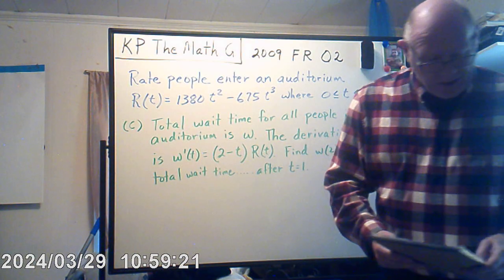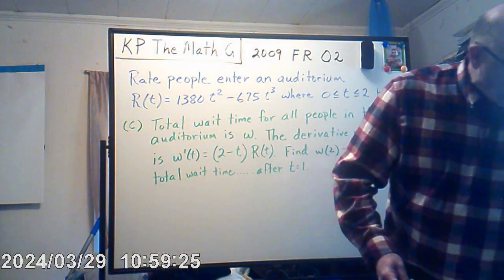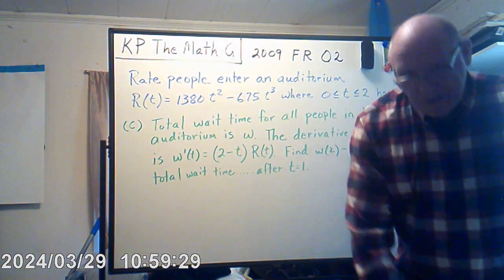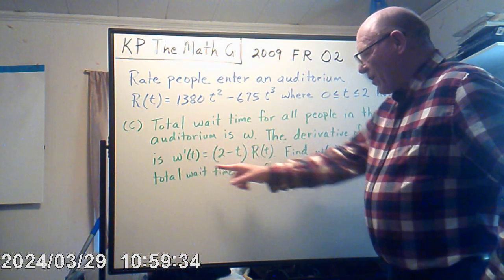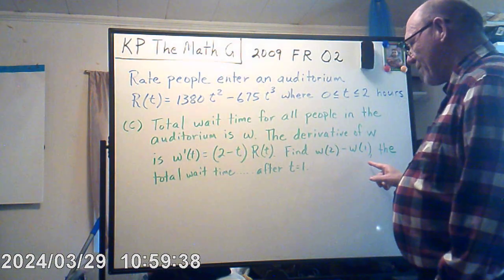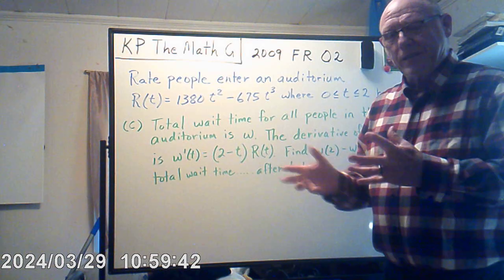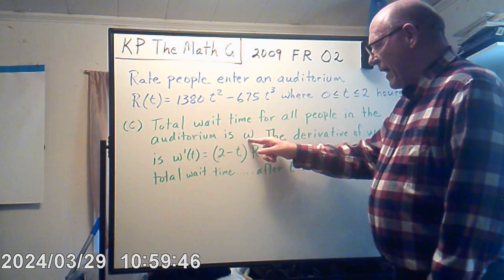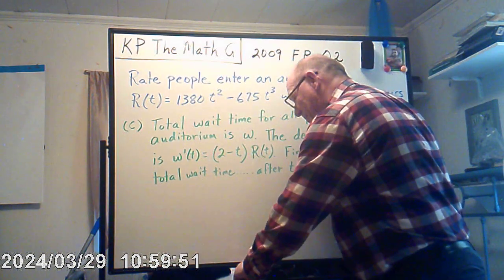What they're doing here, and that's what I want you to be able to discover, is that the wait time is W, so they give the derivative of this. It does say find the total wait time, so we have to get back to W. So how do we use this to get back to W, which is the total wait time?